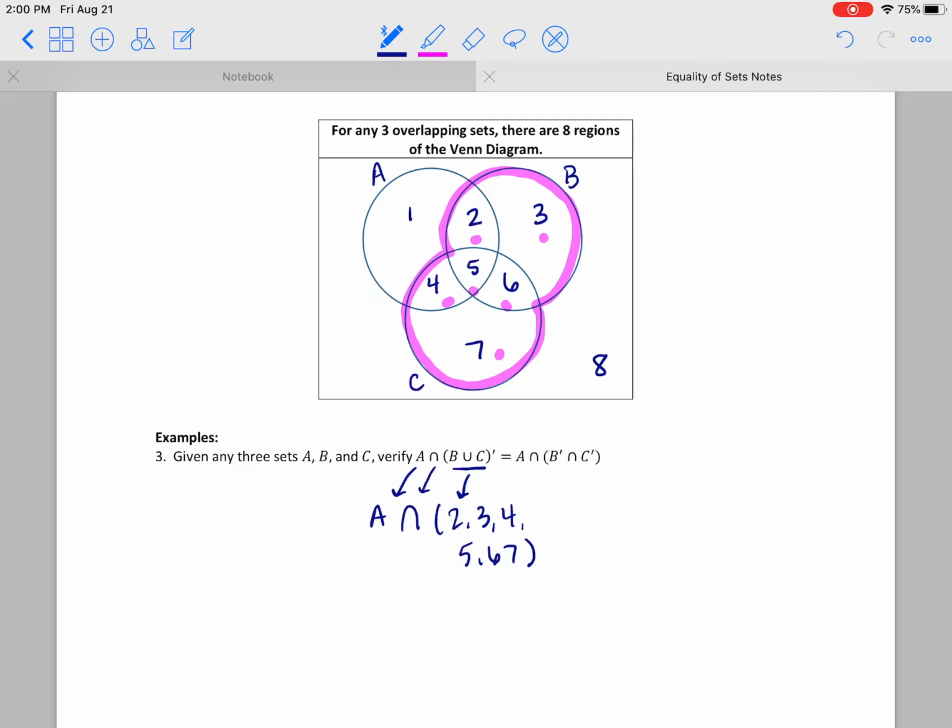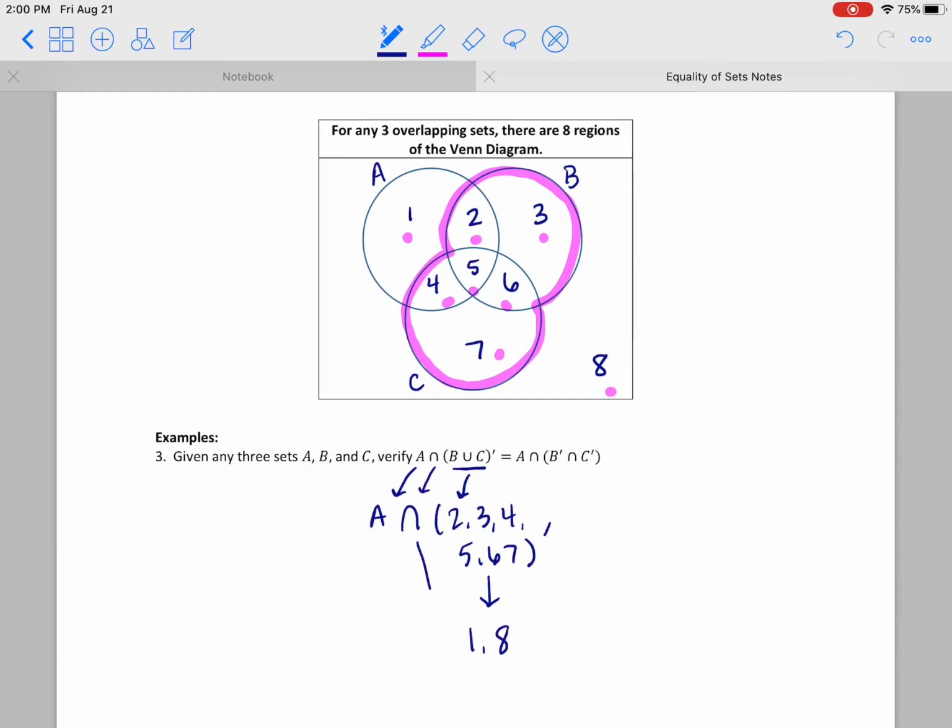Now what I need is the complement of that union. The complement would be everything else, which is out here, 1 and 8. So 1 and 8 would be the regions there.